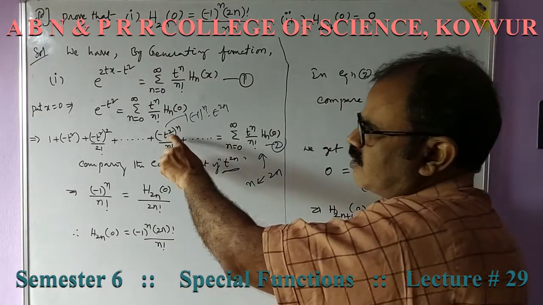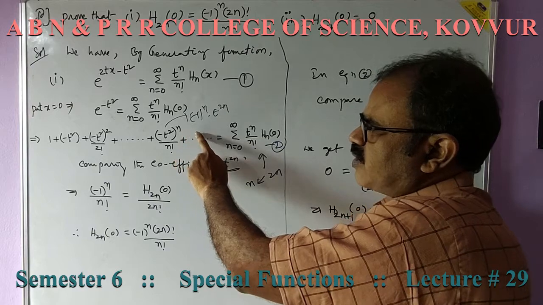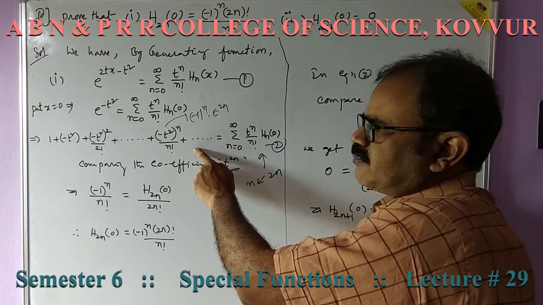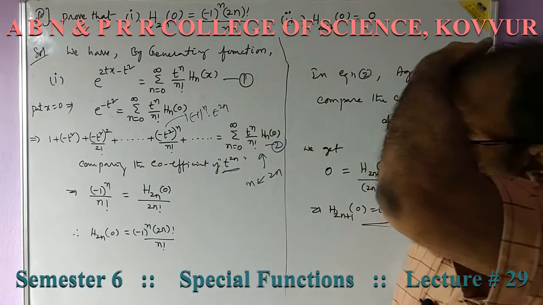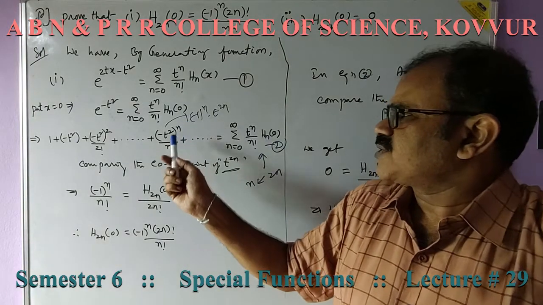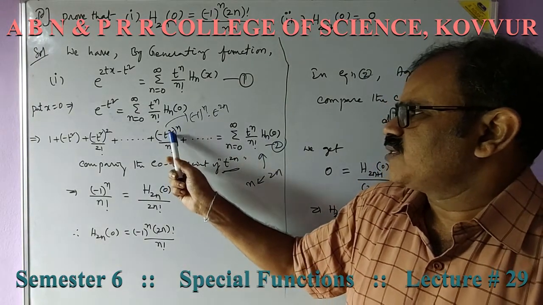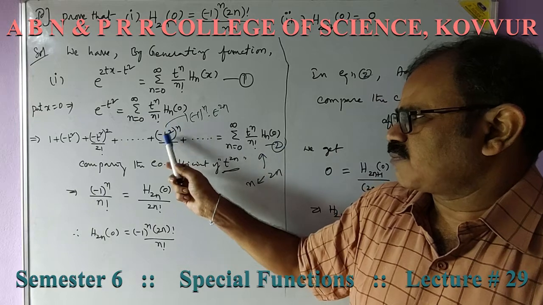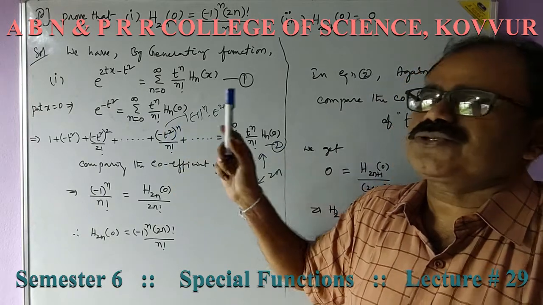What is the next term? (-t^2)^(n+1) by (n+1) factorial. That is (-1)^(n+1) into t^(2n+2) by (n+1) factorial.